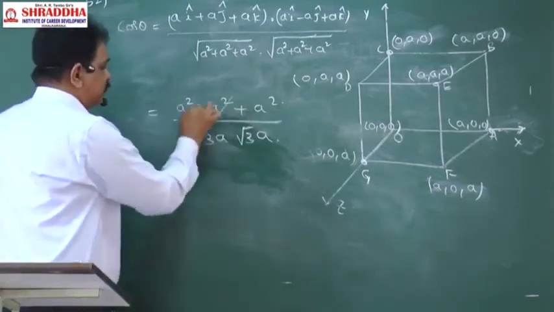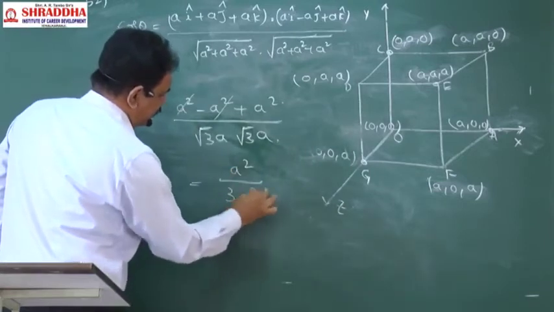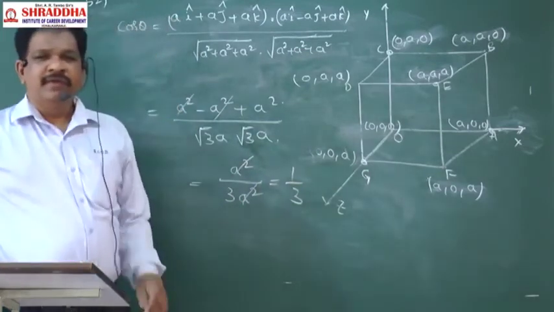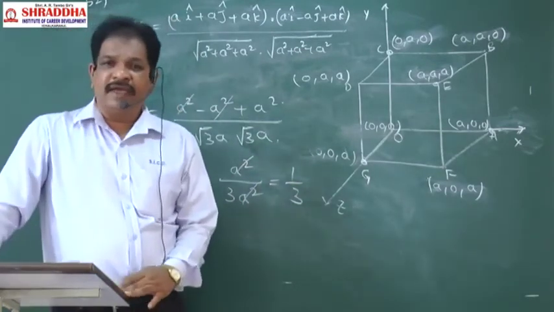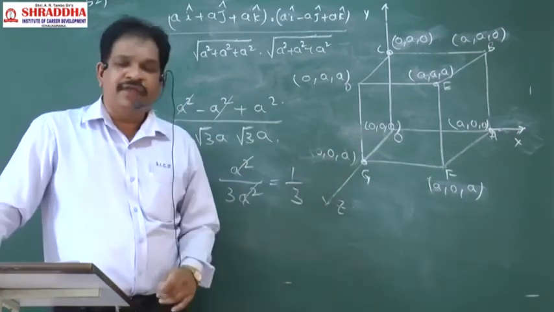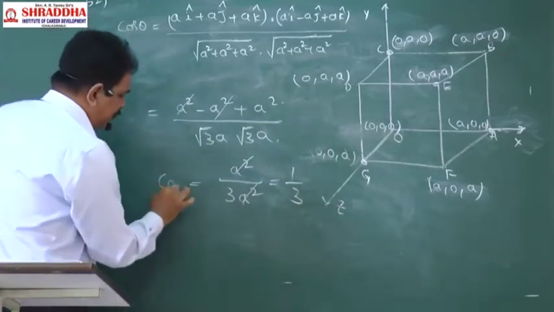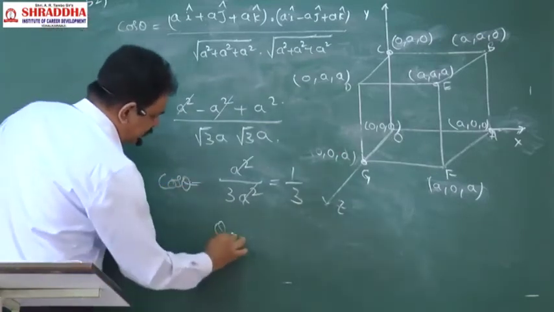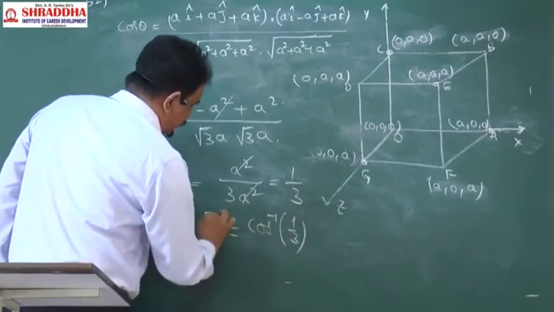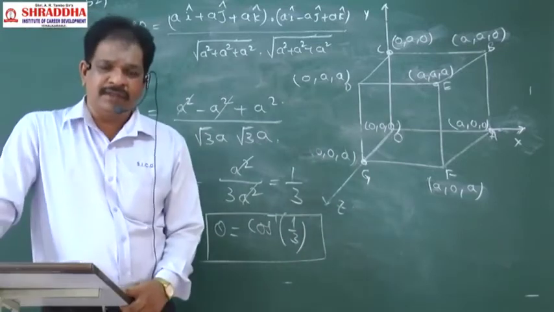The a square will cancel: a square by 3a square, this is 1 by 3. So the angle between the diagonals is independent of the side of the cube. So how much did we get here? Cos theta is equal to 1 by 3. Theta is equal to cos inverse 1 by 3.